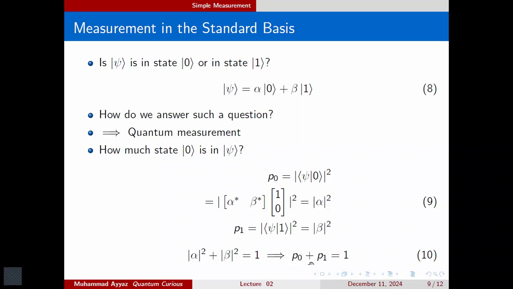The sum of the modulus squares of these complex amplitudes should be equal to 1, which gives us the idea that the probabilities should sum to 1, as is the usual case in our statistical analysis.